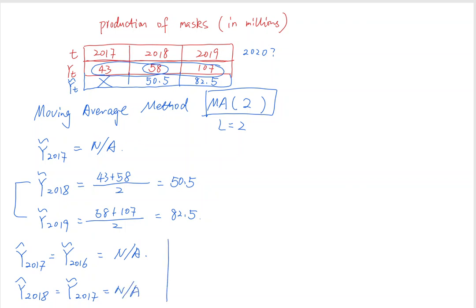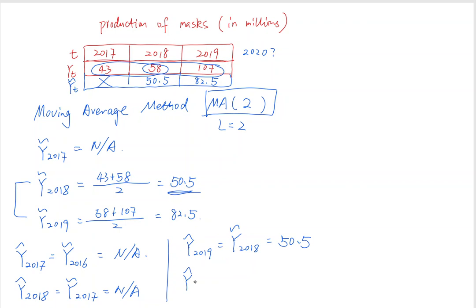What about the prediction for 2019? It equals the estimated value for 2018. Do we have the estimated value for 2018? Yes, it is 50.5, so the predicted value for 2019 is just 50.5.